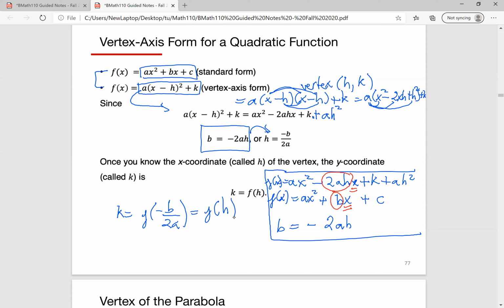So remember, for the vertex h, k, what does that mean? If you have a parabola, here's an upward parabola, then the vertex is going to be the minimum point over here. So the coordinate is h, k.